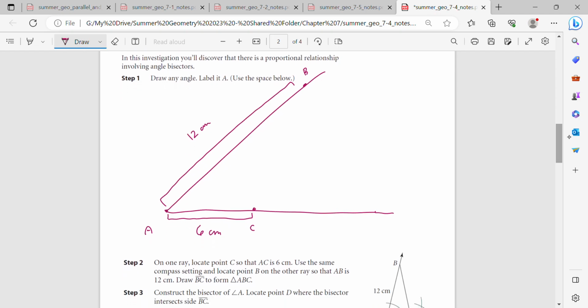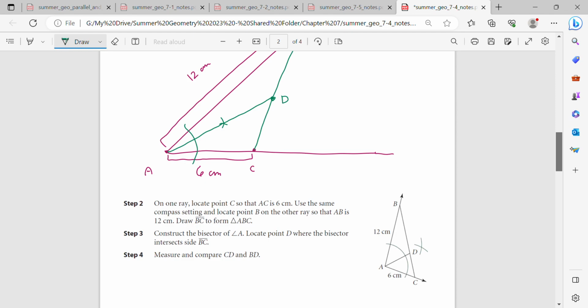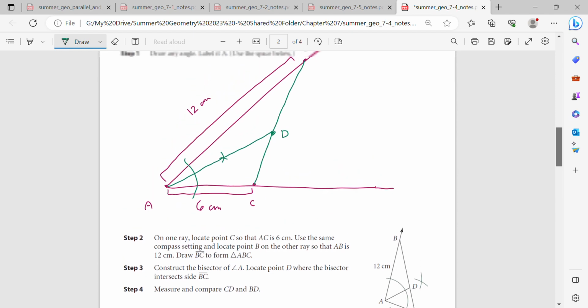And now what we're going to do is draw segment BC. Okay. We're going to construct the angle bisector of A. So again, put your stylus on point A. Swoop from each of those arc strikes, swoop, and construct. And we are going to place point D where the bisector intersects BC. Finally, we are going to measure and compare CD to BD.